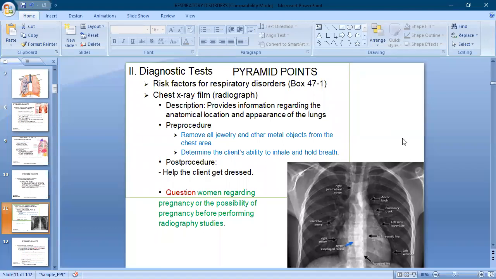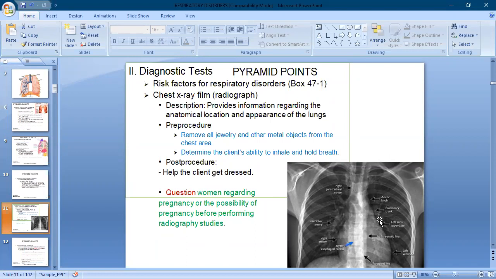Okay, so now we are going to talk about the diagnostic tests. In this picture, you can see the radiography of the chest. Radiography means X-ray.